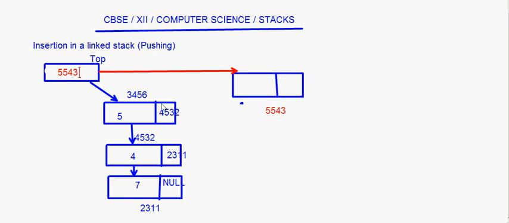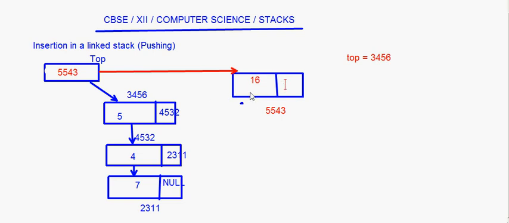And whatever was in top earlier, earlier top was equal to 3456. Now I have changed top to 5543. Now here the information part is there, suppose let's say 16.